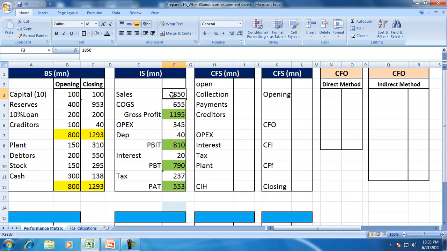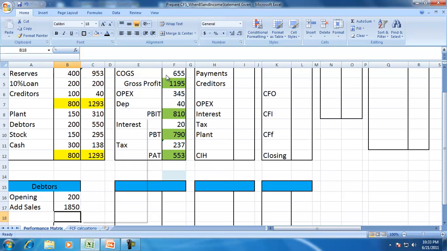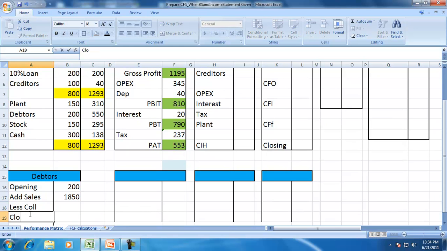There is a sales, but the corresponding item to the sales is the debtor. So let us find out, as a working, the opening debtor was 200. These are all workings. I assume that the entire sales is credit sales. If the entire sales is credit sales, then less collection will give me the closing debtors, and the closing debtors is already known.